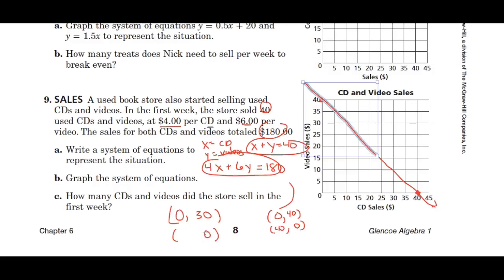And if I plug in 0 for y, I get 4x equals 180. 180 divided by 4 is 45. So (0, 30) is right here on the y-axis, and (45, 0) is right there.